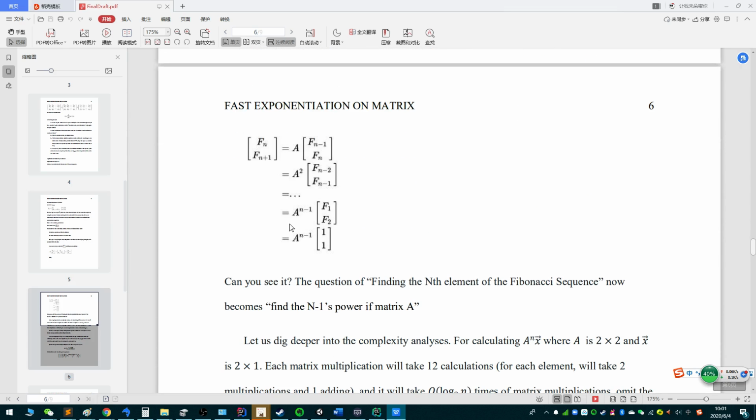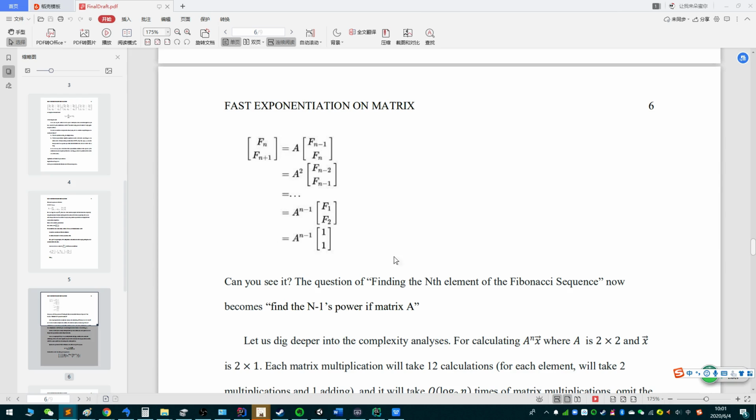So we can simplify fn plus 1 into A to the power of n minus 1 times the vector of 1, 1, right?